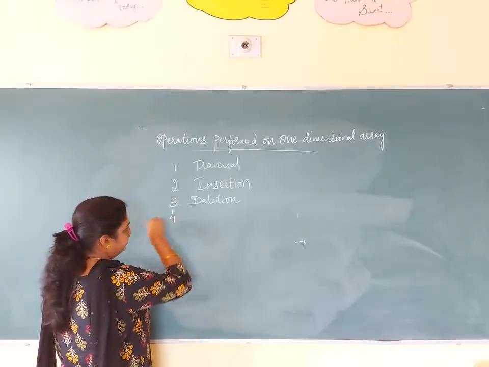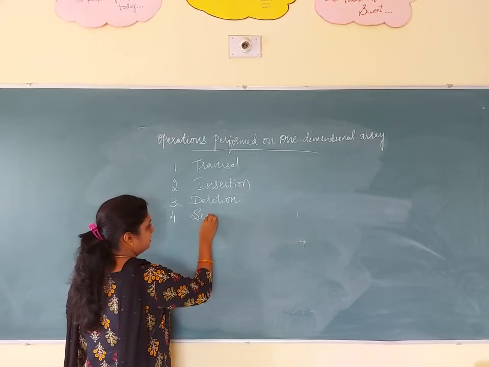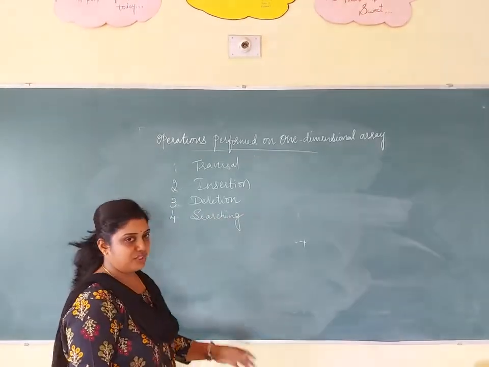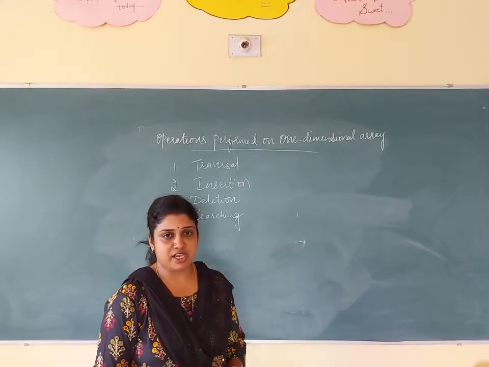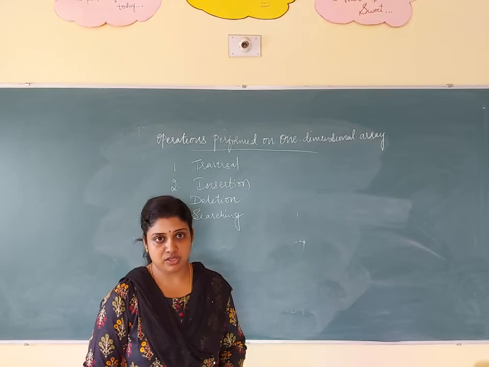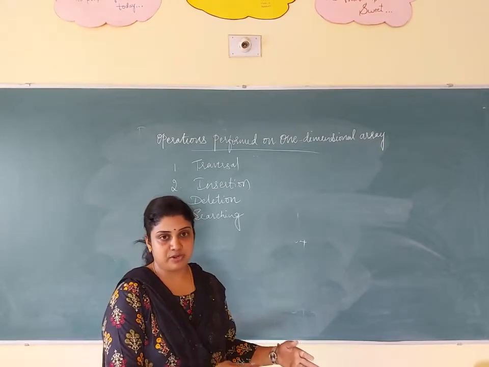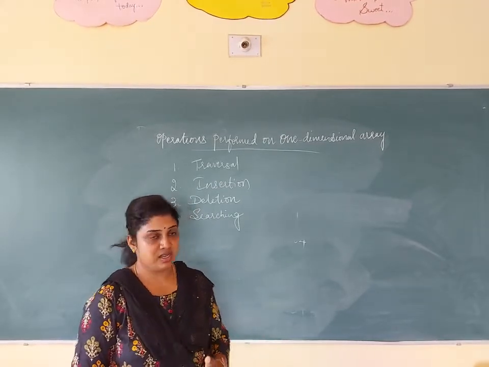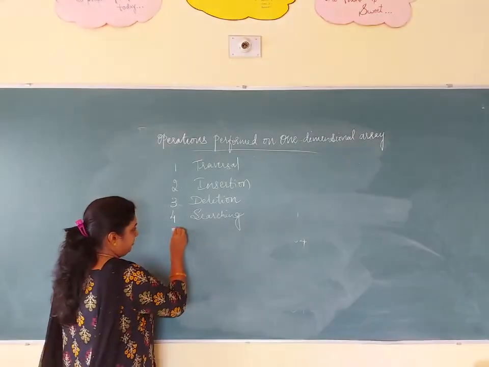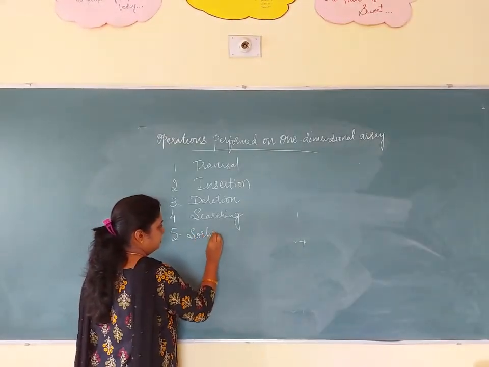Fourth one, searching. Searching means finding an element from the beginning to the end of an array. Suppose I want to find whether the element 30 is present or not; you search from the beginning to the end of the given array. Searching means finding an element in an array. Fifth one is sorting.